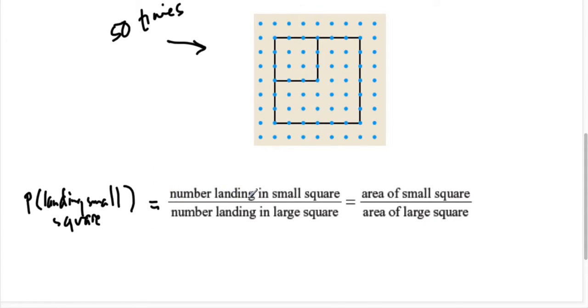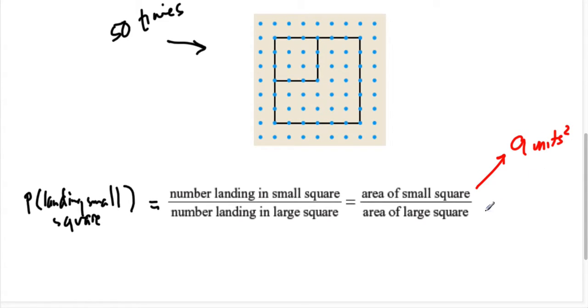The number landing in the small square will be equal to the area of the small square. Remember what area is: area is the number of square units. The area of the small square is the number of squares in there, so you end up with 1, 2, 3, 4, 5, 6, 7, 8, 9 square units.